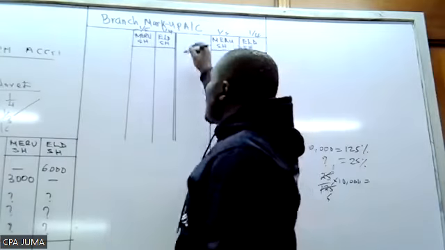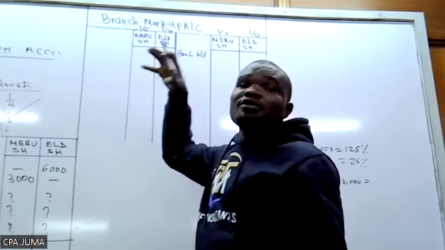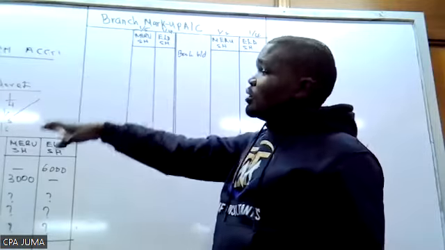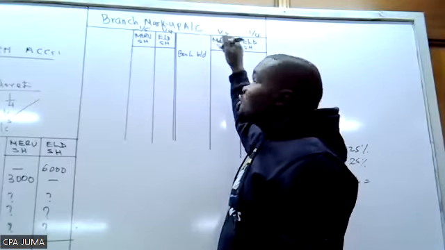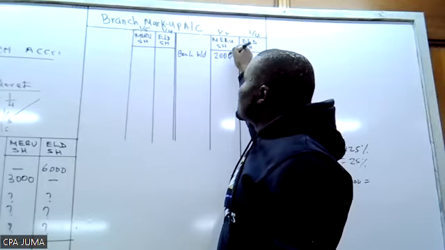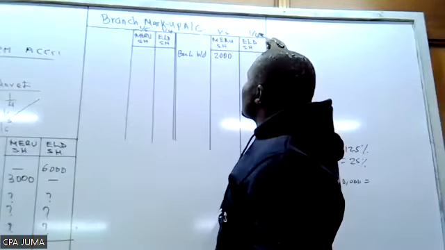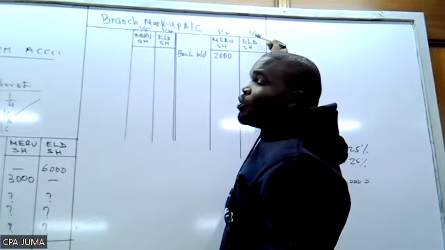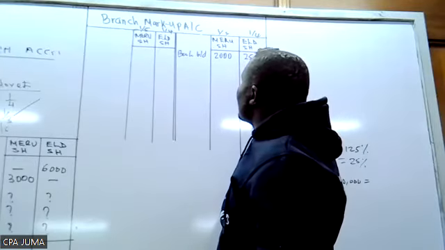Balance brought down: how much was the balance brought down in form of stock in Meru? 10. So a fifth of 10, 2,000. Eldoret opening was 10, and profit margin a quarter. So a quarter of 10, 2,500.